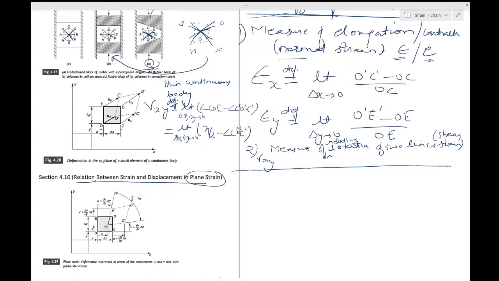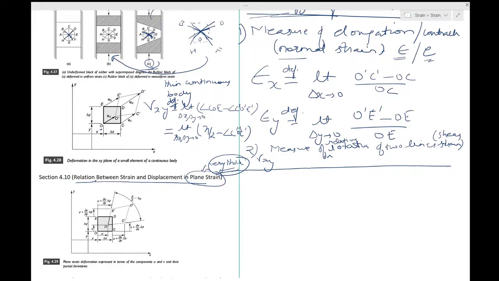It's so thick that any displacement in the thickness direction will be negligible compared to that thickness. So plane strain automatically translates to a very thick solid. If your solid is relatively thick compared to other dimensions, you can make a plane strain approximation. So that's one note we should be clear about.